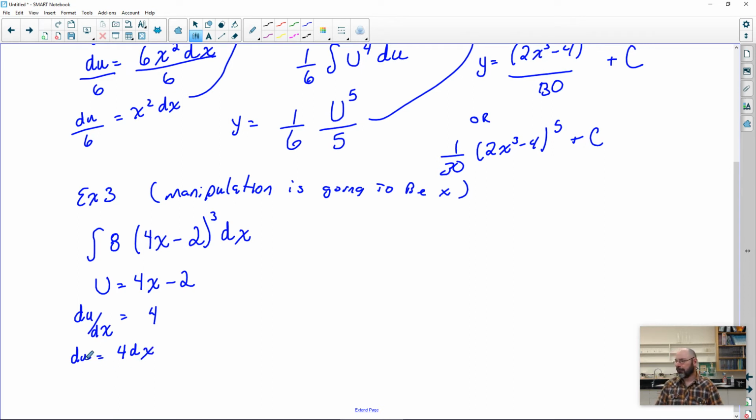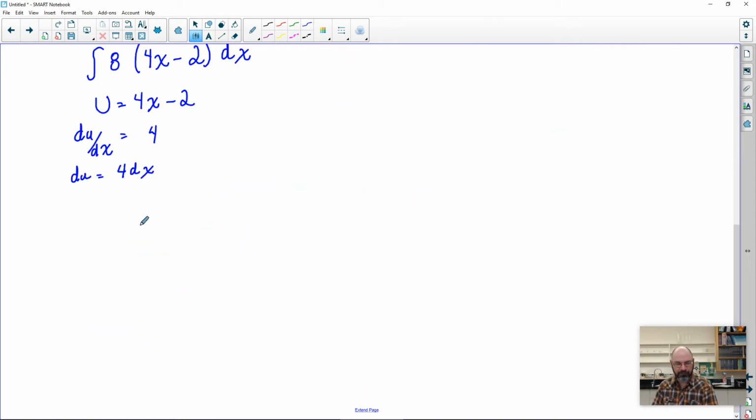Not enough. We need 8 dx. Last time we had to divide, so this time we have to multiply to get the 8 dx that we want. So we multiply by 2 on both sides: 2 du equals 8 dx.